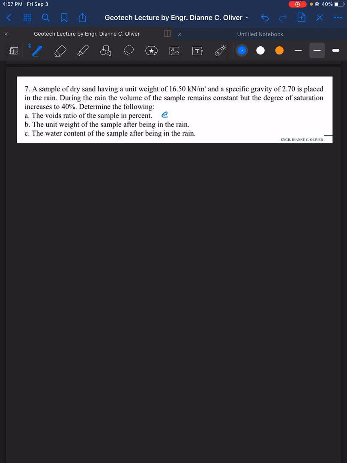Unit weight of the sample after being in the rain. Is that gamma moist or gamma sat? Okay, let's investigate. Because we have two choices. Either it is gamma moist or gamma sat. If the soil there is clay, there's a possibility that all voids of that clay will be soaked, right?